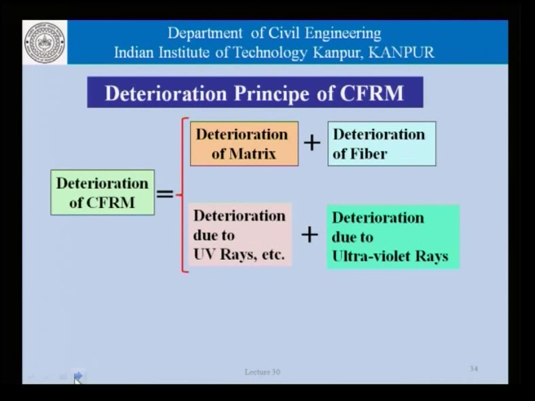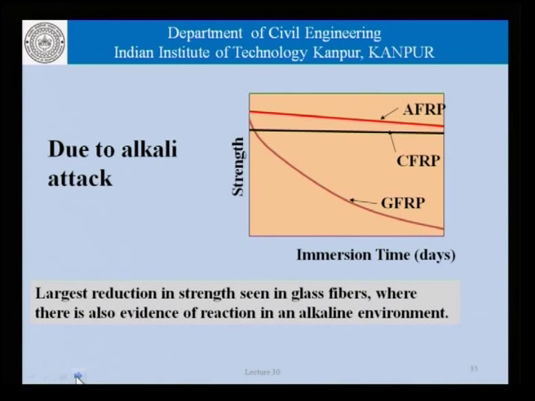Now, coming to the deterioration of fibers or deterioration of the CFRM. This consists of the deterioration of the matrix or the deterioration of the fiber. Looking at it another way, what is the mechanism of deterioration, whether it is ultraviolet rays or alkali? Coming to alkali attack, we immerse the CFRM in an alkali solution.